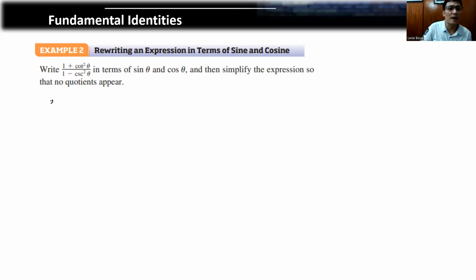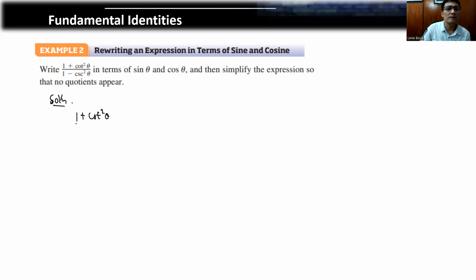So let's see what will happen if we write 1 plus cotangent squared theta over 1 minus cosecant squared theta in terms of sine and cosine. So let me demonstrate that.